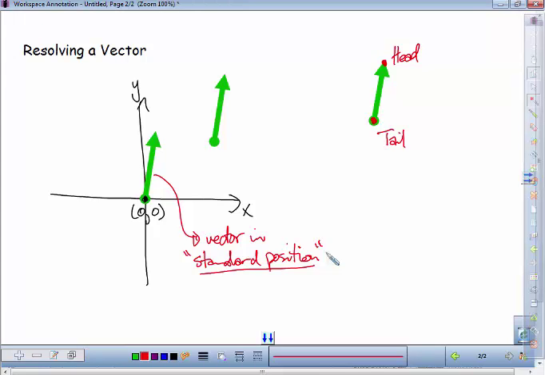And what that means now is that if your vector is in standard position, the head, or where the vector is pointing to, is a point, and let's just call it A comma B. So if your vector is in standard position at 0, 0, and your vector's head is at the point A comma B, then we can call that vector AB.